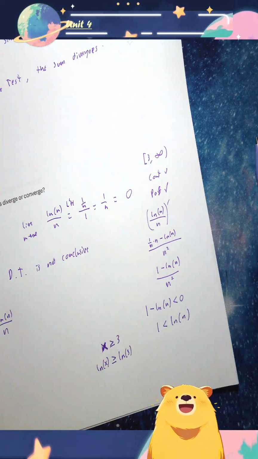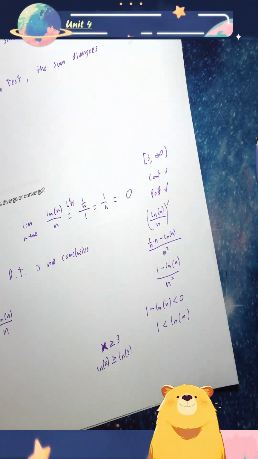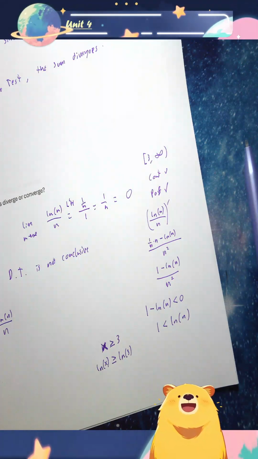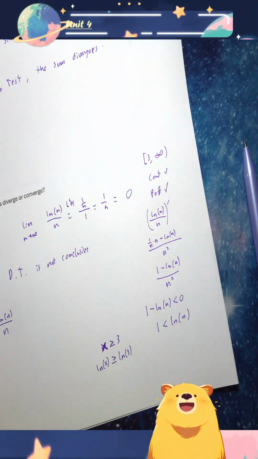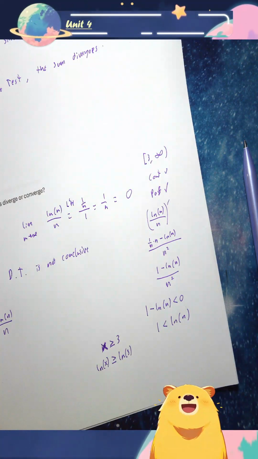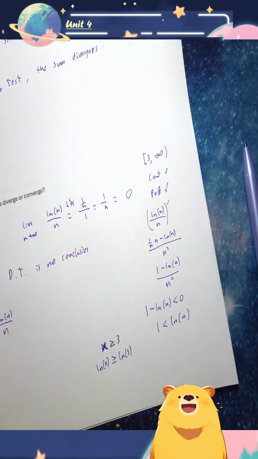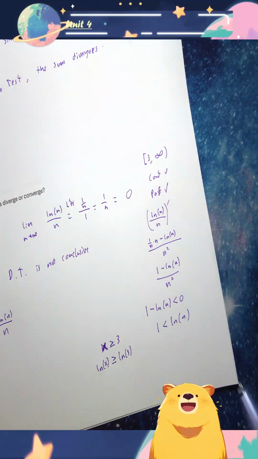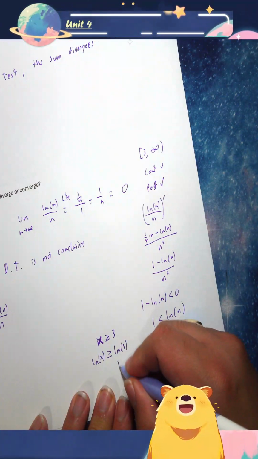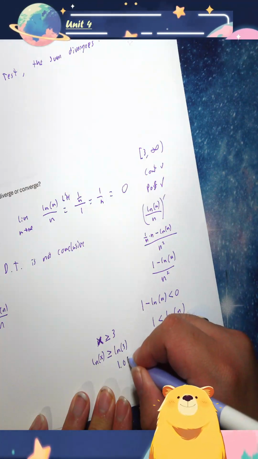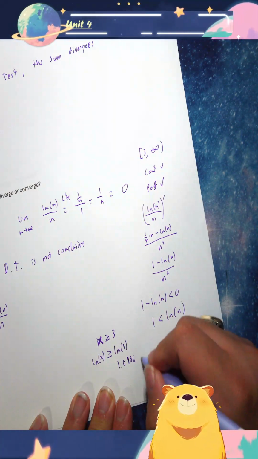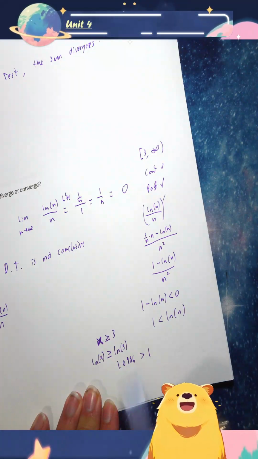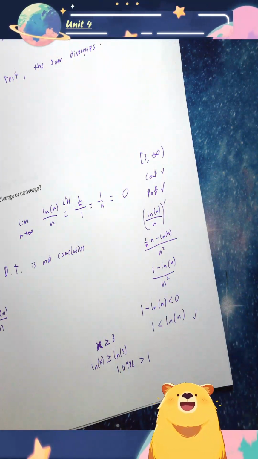Let me just use my computer. Just write ln of 3. And it says ln of 3 is 1.0986, which we know is greater than 1. So therefore, this ln will always be greater than 1, so that checks out. So it is decreasing.